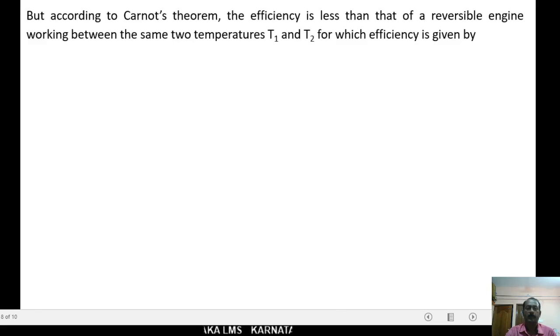But according to Carnot's theorem, the efficiency is less than that of reversible engine working between the same two temperatures T1 and T2, for which efficiency is given by eta equals 1 minus T2 by T1. This is the efficiency of Carnot's reversible heat engine.